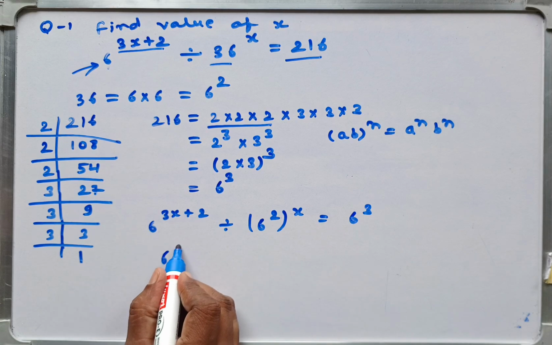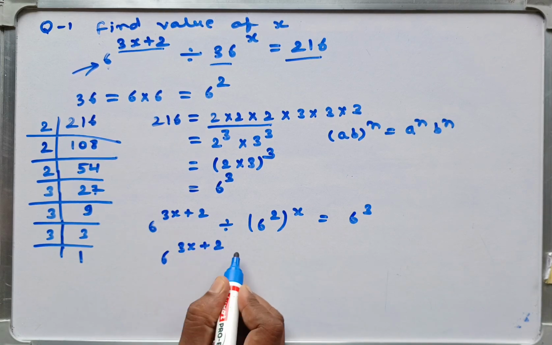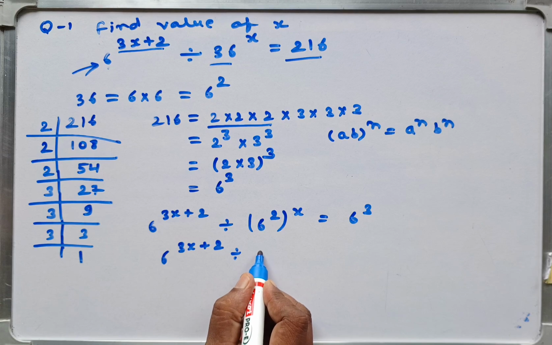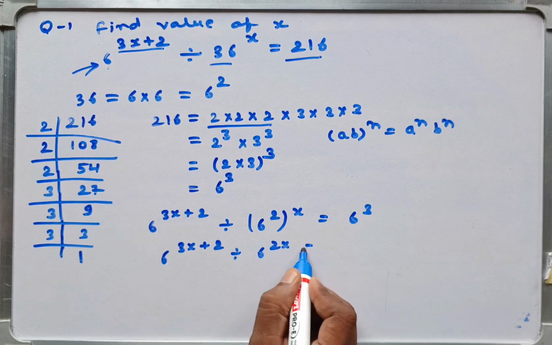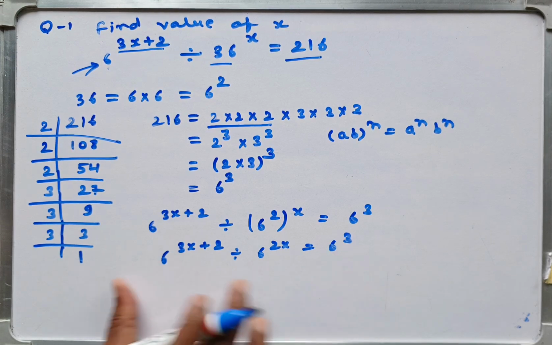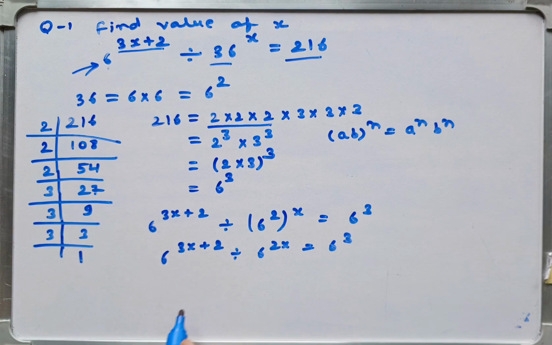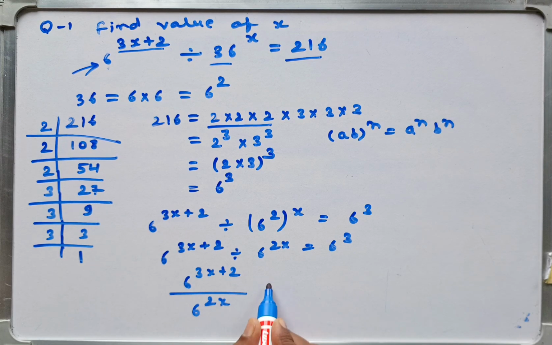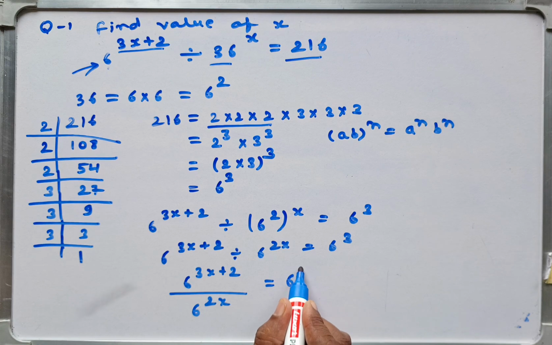Finally, all the bases are now similar. Again, here the division sign is written, so we can write it as 6 to the power of 3x plus 2 divided by 6 to the power of 2x equal to 6 to the power of 3.